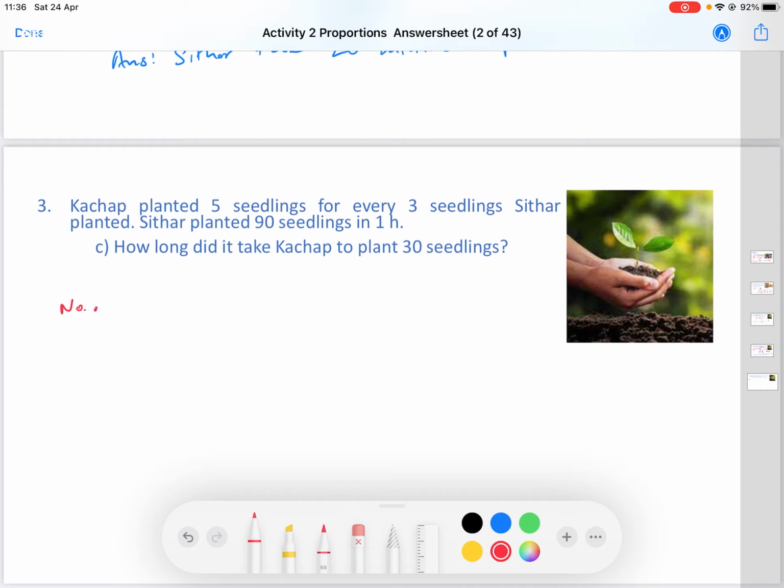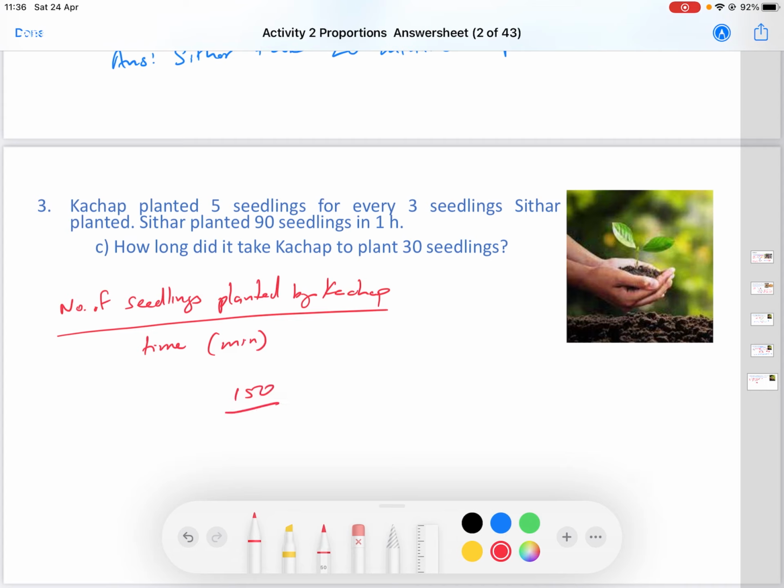Similar to part B, number of seedlings planted by Kanchap over time, and we'll use this in minute. So Kanchap planted 150 seedlings in 1 hour or 60 minutes.